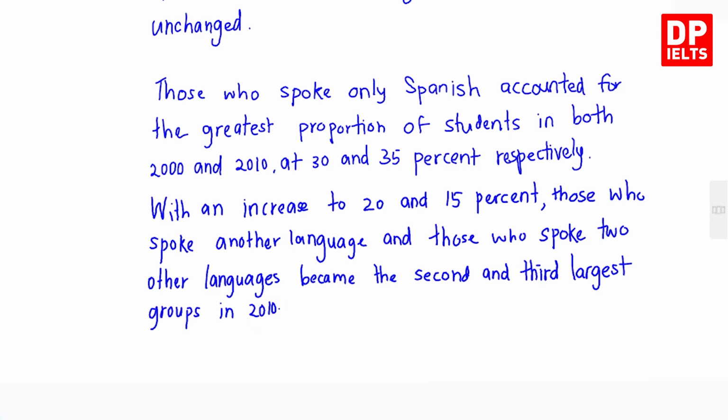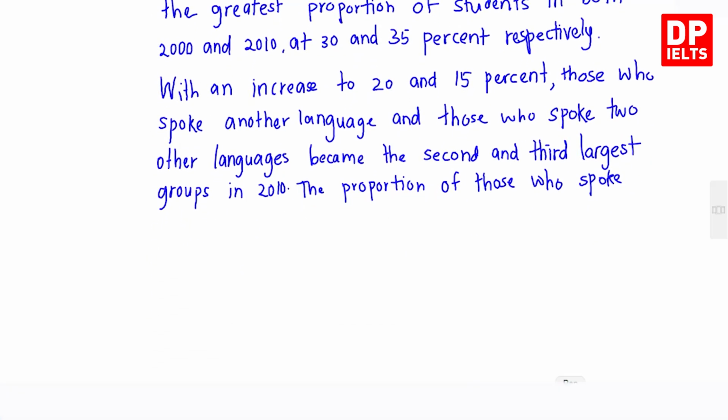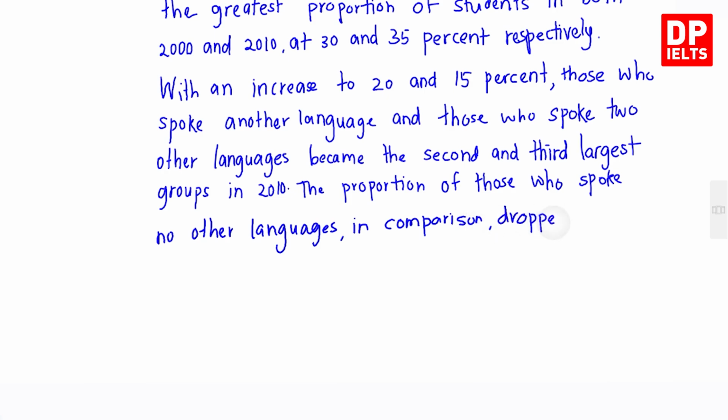The proportion of those who spoke no other languages in comparison dropped by half to only 10%.